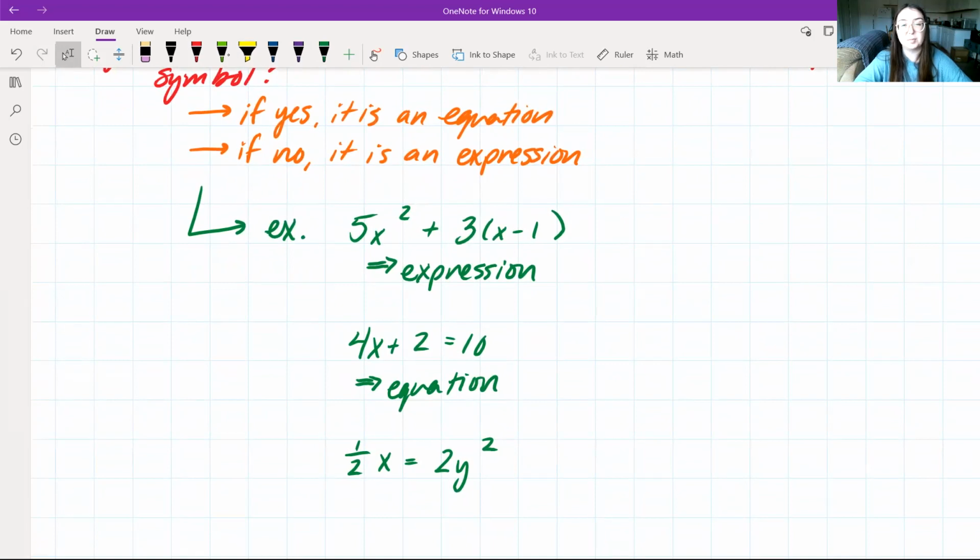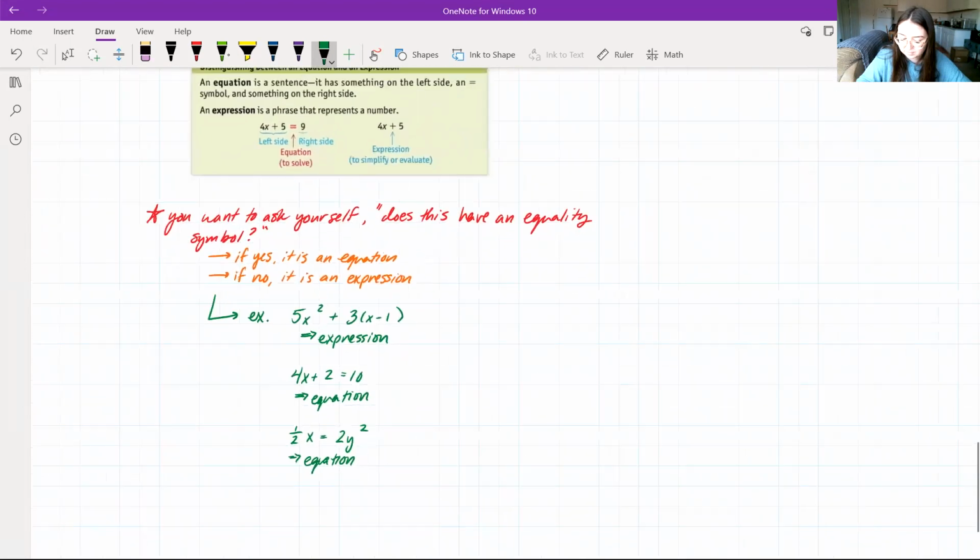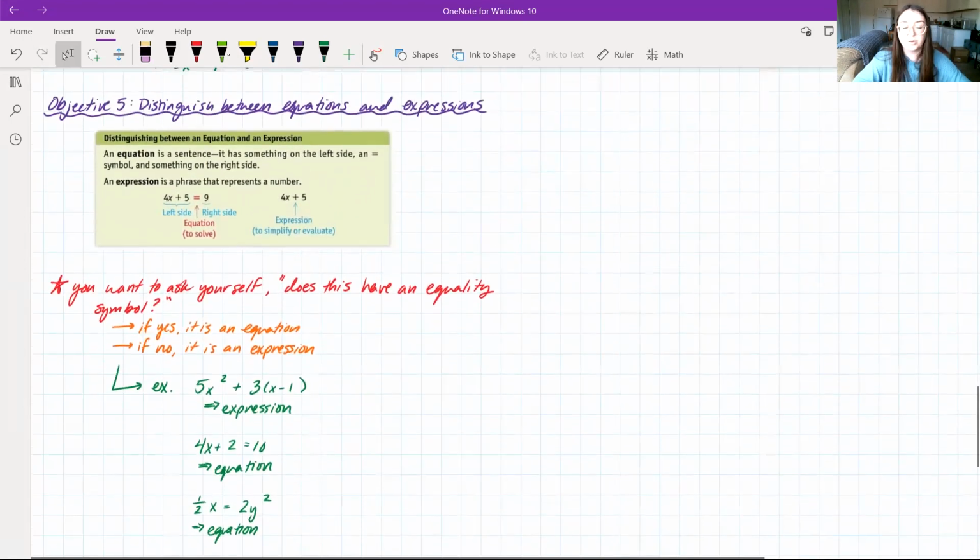We do have two separate variables here, but do we have an equality symbol? Yes. We do have our equality symbol, which means that this is also going to be an equation. You can also choose to think of it as an equation will have an expression equal to another expression. That is also another way to think about it.